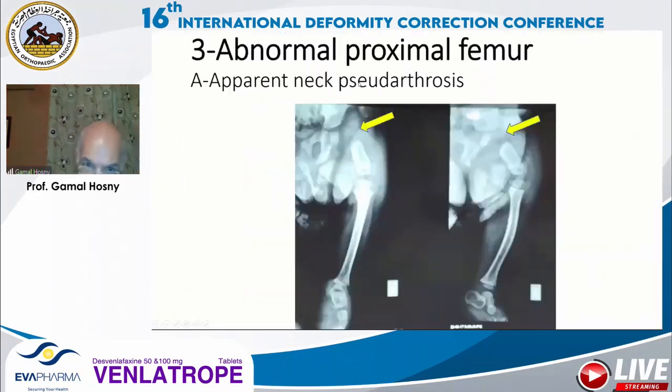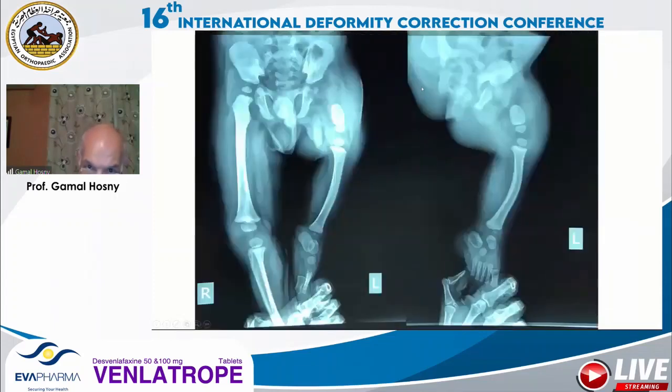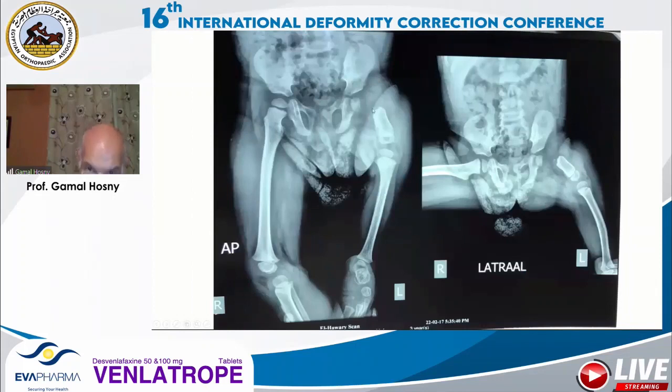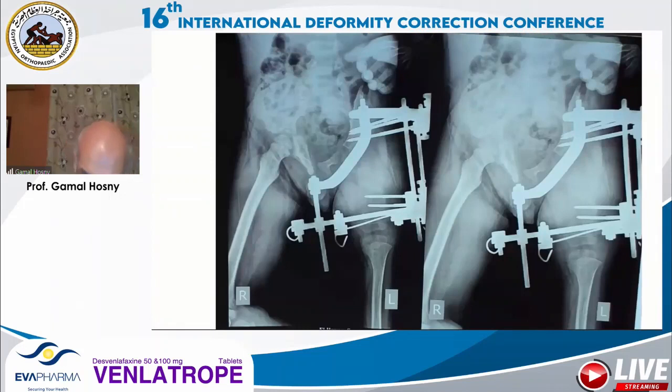Again, apparent neck pseudoarthrosis. You see this patient, no continuity, with follow-up, more follow-up, more follow-up after the age of 3 years. At the age of 3 years, we do distraction. The distraction stimulates the fibrocartilage in between, you see.